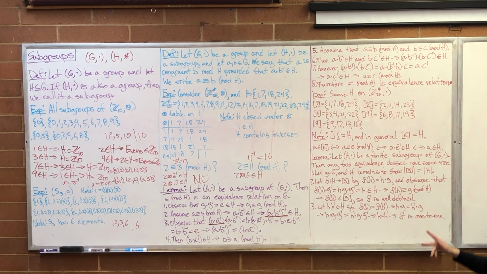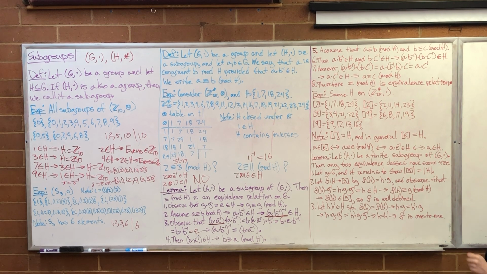So next I need to show that this function is 1-to-1. How do you show that a function is 1-to-1? Everything from your left hand set maps to something in your right hand set. That's a function, that always happens. If you have the same right hand, then you have to have the same left hand.